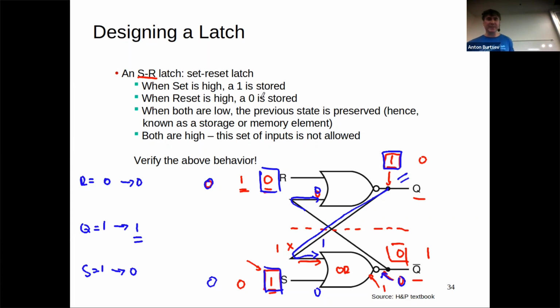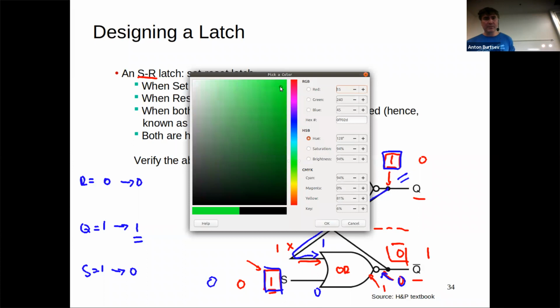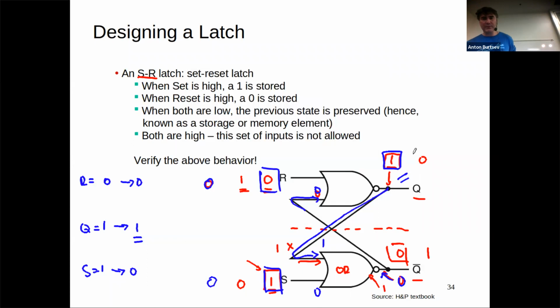Let's convince ourselves that this is true. Let me just change the color again to green. And so if Q was 0, then this signal is 0. We're providing still 0 here, right?